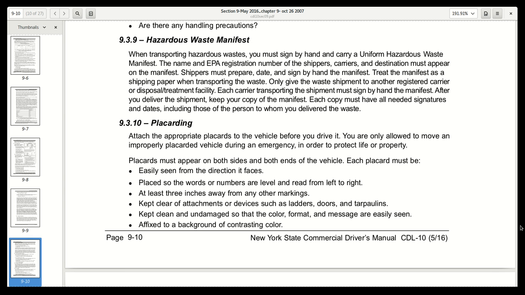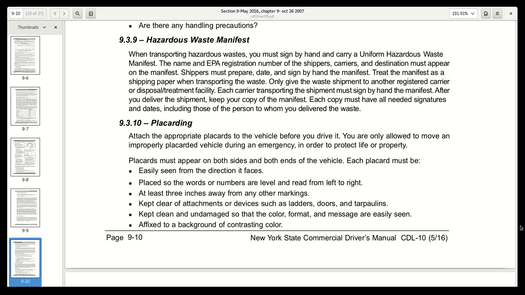Shippers must prepare, date, and sign by hand the manifest. Treat the manifest as a shipping paper when transporting the waste. Only give the waste shipment to another registered carrier or disposal treatment facility. Each carrier transporting the shipment must sign by hand the manifest.